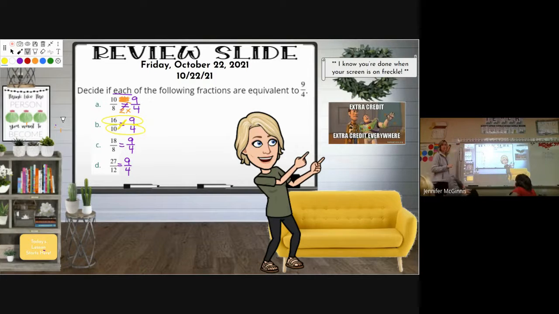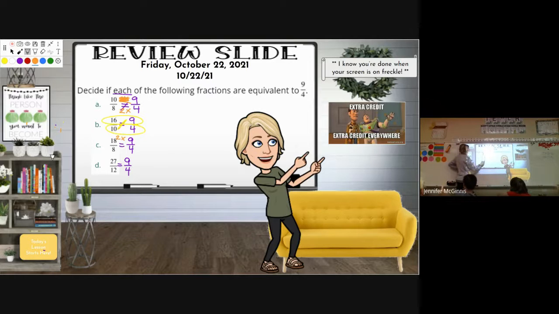Who's got C? Well, who's got it in their book? Izzy? I think it's Izzy, isn't it? Yeah. Remember, I assigned these to people. Go ahead. 9/4 is equivalent. Prove it. Because they're on the same spot on a number line. And then what I was thinking for the relationship, for the 18/8, if you do 9 times 2, that equals 18.